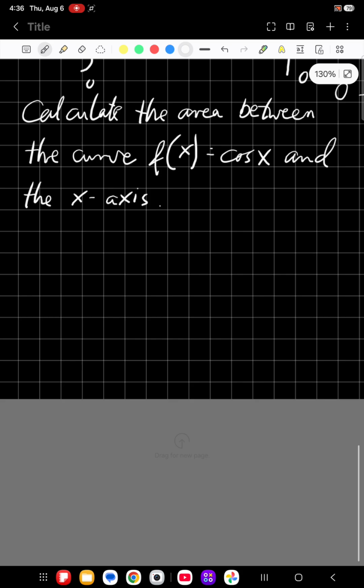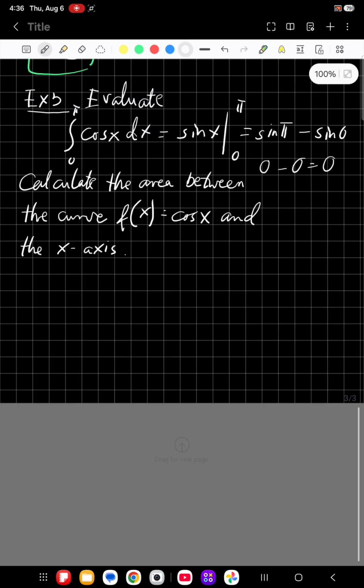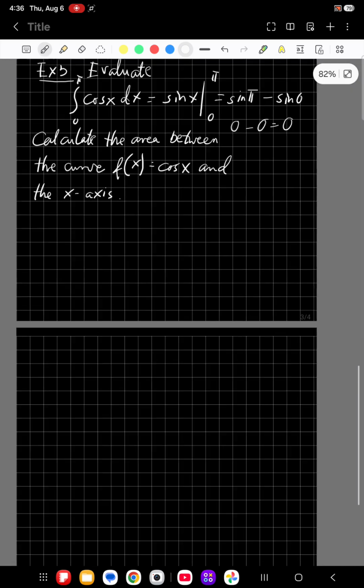Right, so the integral will be the same, but the way we think about it will be slightly different.